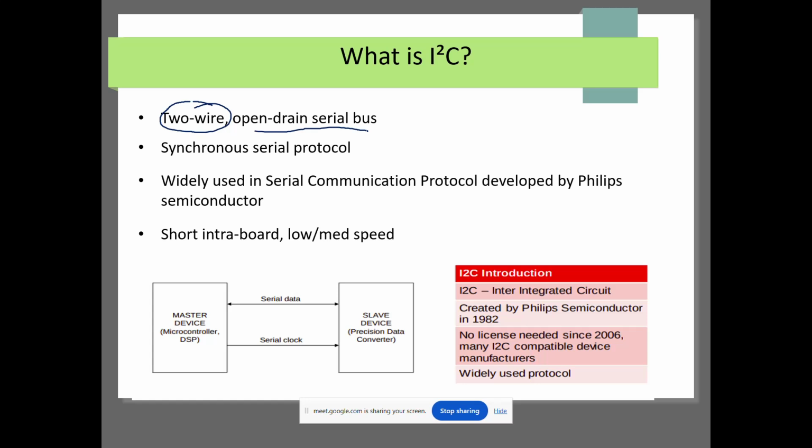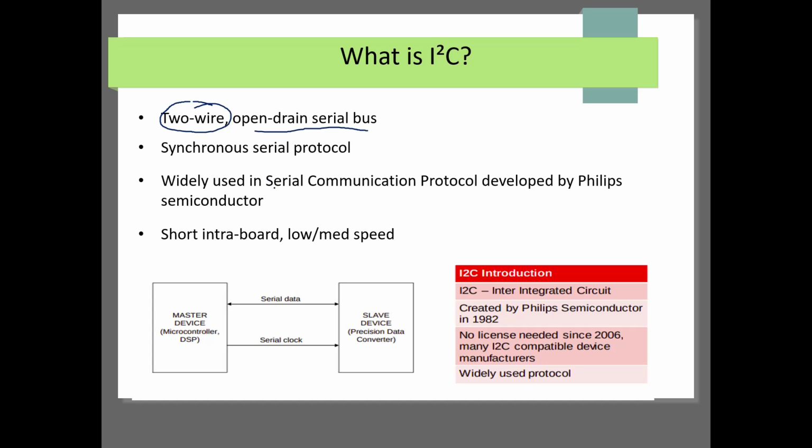But no one is trying to push it from low to high. If you are not using it, it is an idle condition. In the idle condition, a pull-up resistance is there, and that pull-up resistance pulls the line from low to high. That is the purpose of the pull-up resistors. That is the meaning of an open drain serial bus.